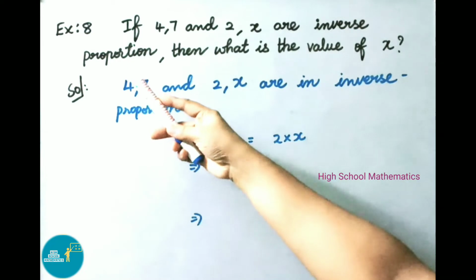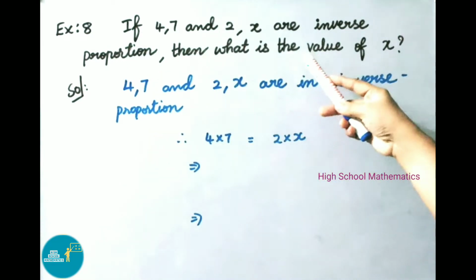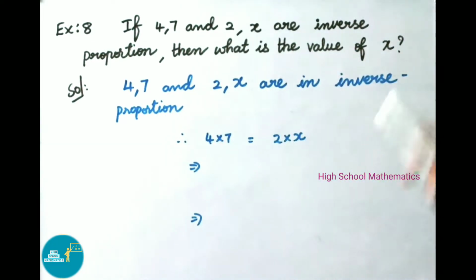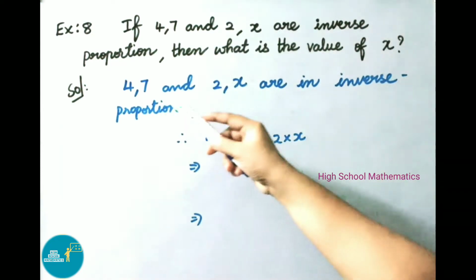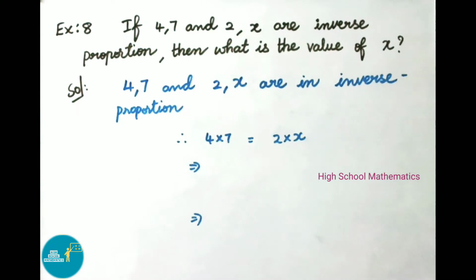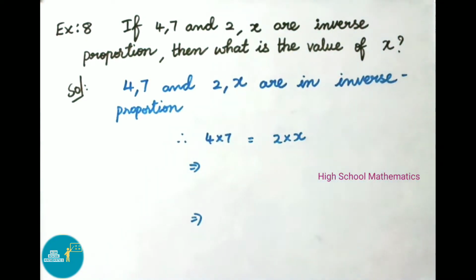See now example 8. If 4, 7 and 2, x are in inverse proportion, then what is the value of x? Let us see the solution. Given 4, 7 and 2, x are in inverse proportion. Therefore, 4 into 7 is equal to 2 into x.